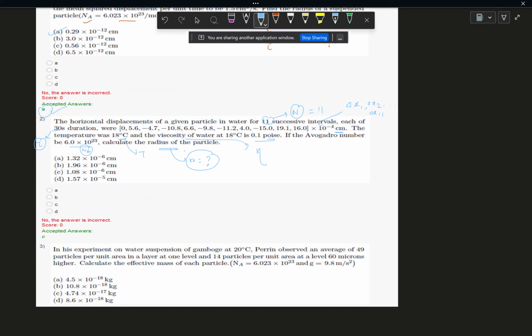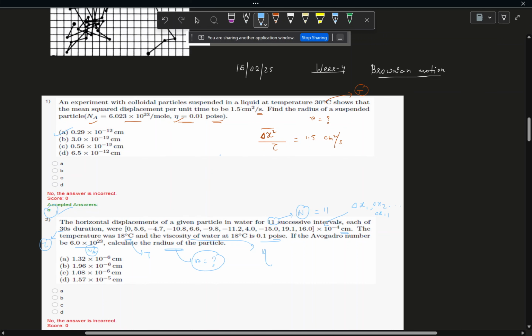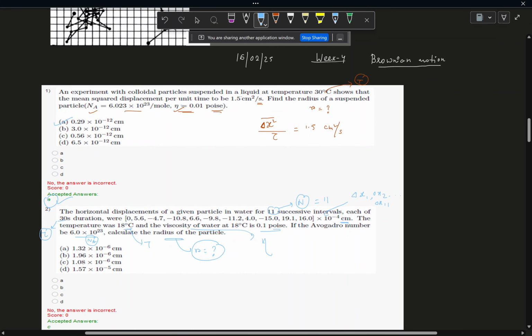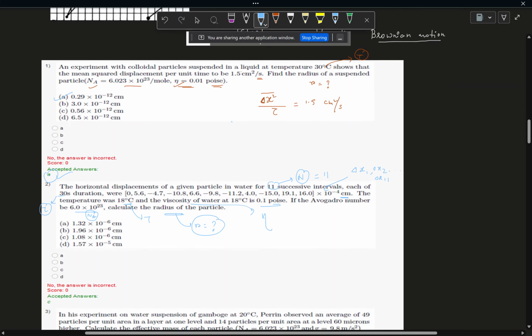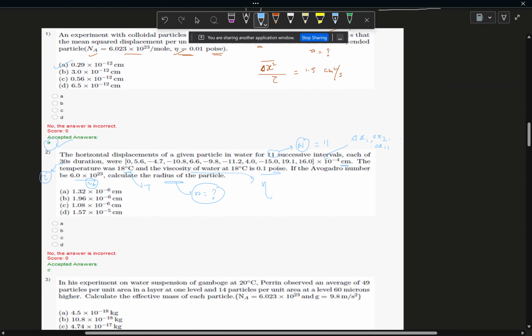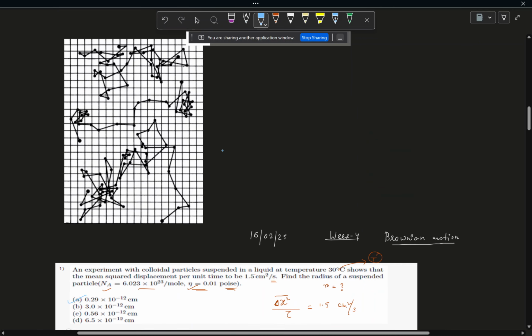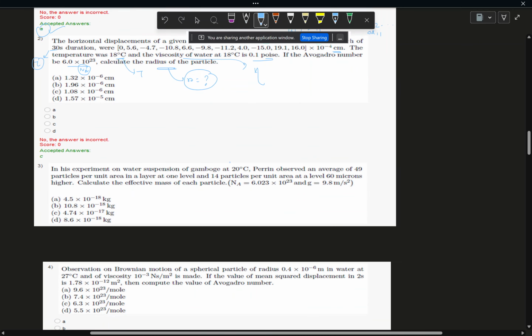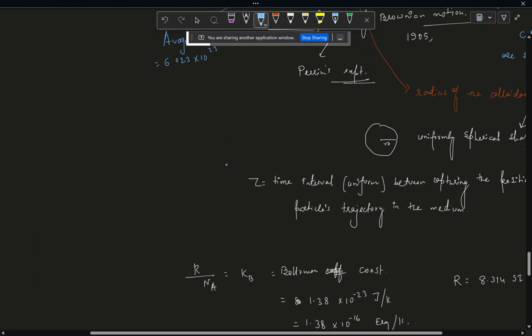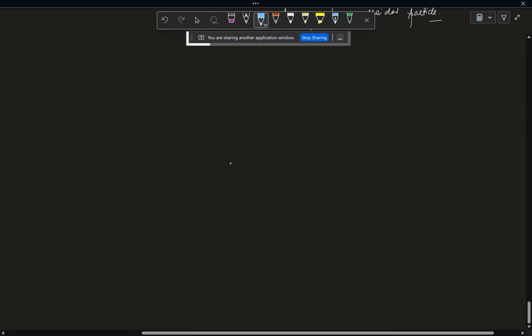The only thing different from the previous problem is that there they had already given you the mean squared displacement per unit time directly, but here you need to calculate that from the data given to you. So let's solve question number 2.